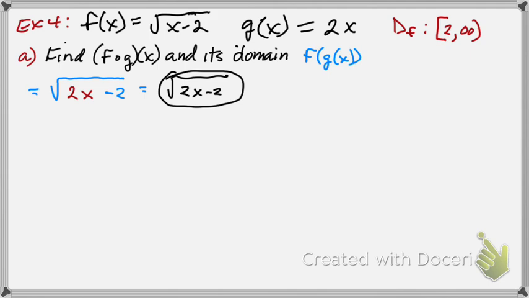For g, any restrictions at all? No. But now for this little guy, 2x minus 2, take the square root of that. Any restrictions? So you have to say, what x going into g is the cutoff point there?